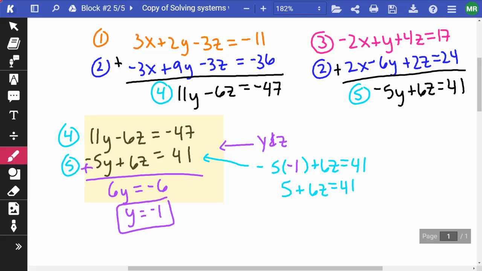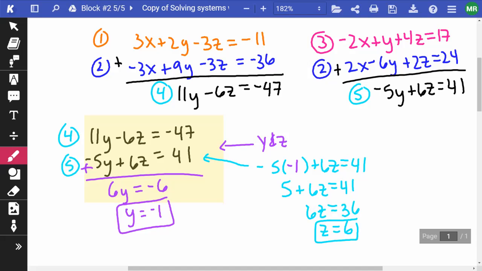I'm going to subtract 5 from both sides, and I end up getting 6z is equal to 36. And I'm going to divide both sides by 6, and I get z is equal to 6.